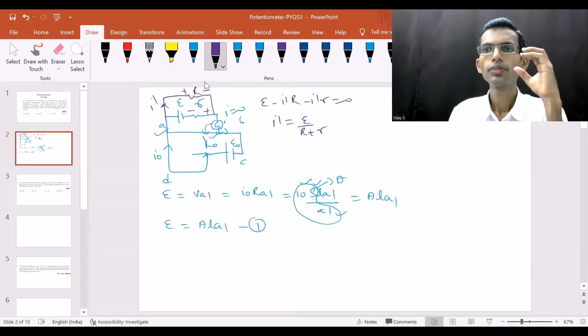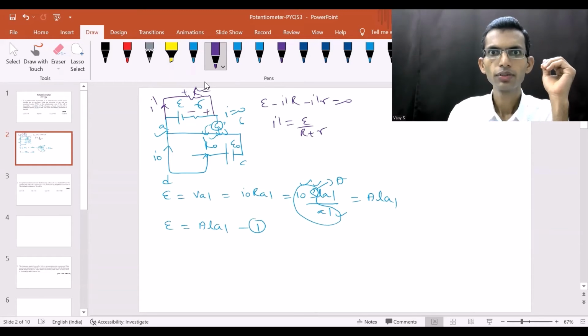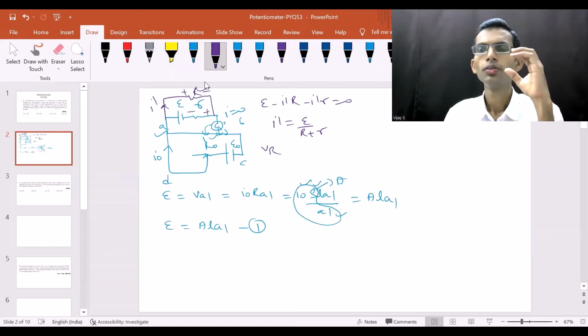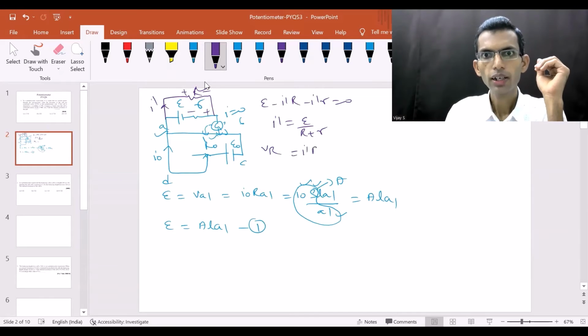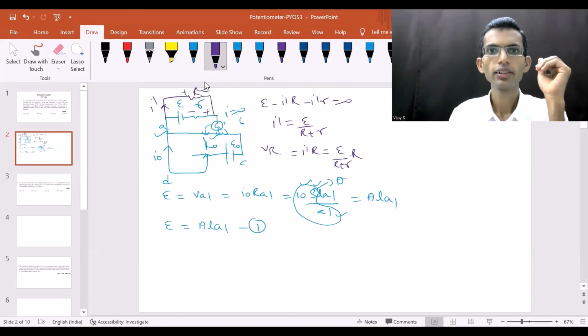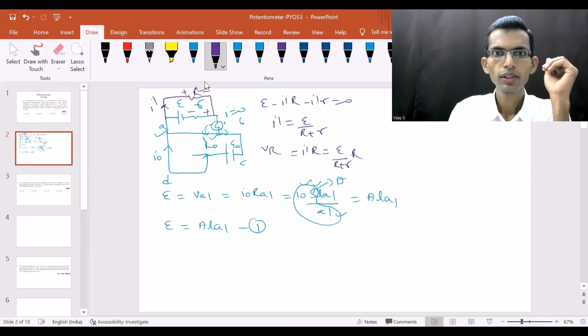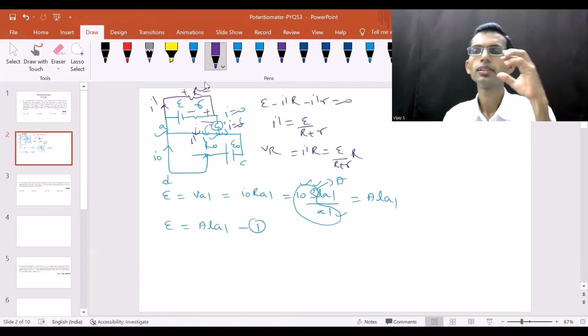Let us say potential difference across the resistance R is VR, which is equal to I dash into R from Ohm's law. So which is equal to E by R plus r into R. Right. Let us say balance point for this case is at position 1 dash. Right.